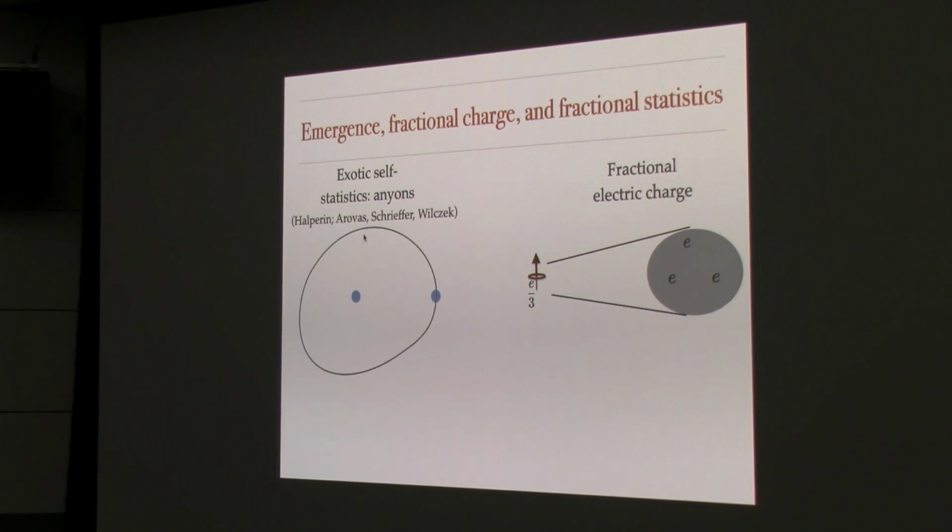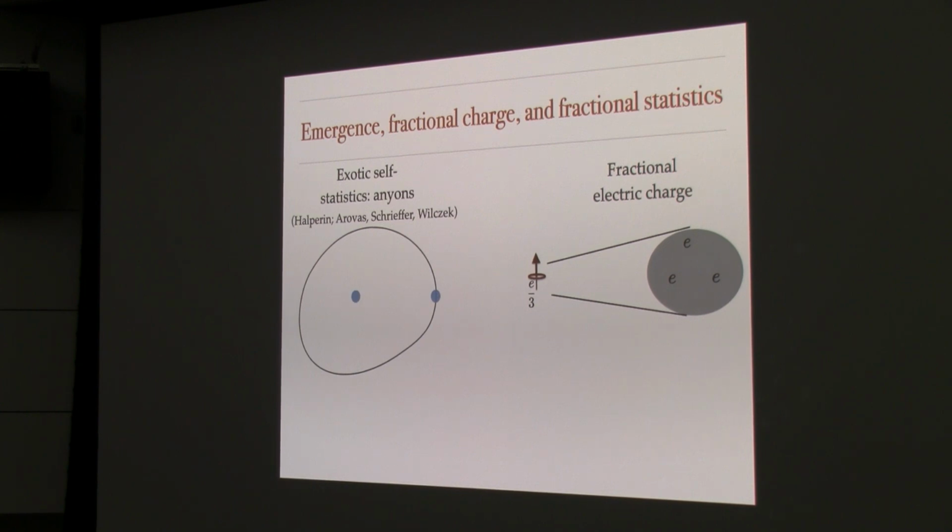At the same time, the other property, which is fundamentally different from electrons, is that these guys also have a statistical interaction. They're what we call anyons, which is different from fermions and bosons. So here's a picture of two of these particles, and I'm going to take this guy around the other guy, okay? So that's like exchanging them twice, topologically.